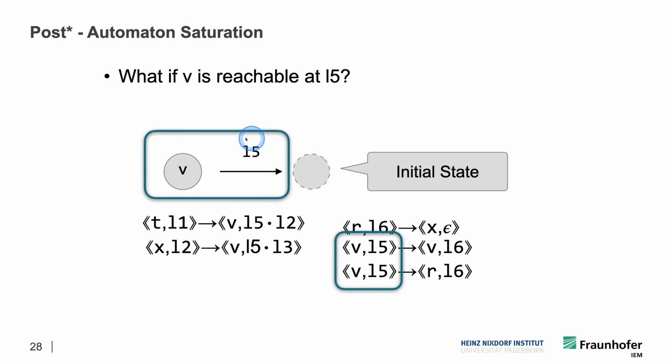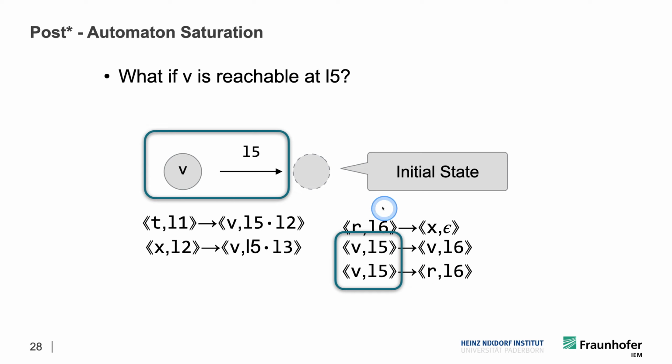You will see that the left-hand side of a rule here matches these left-hand sides of these rules. Therefore, we now know that because v, L5 is reachable, also v, L6 should be reachable. And the same for r, L6.